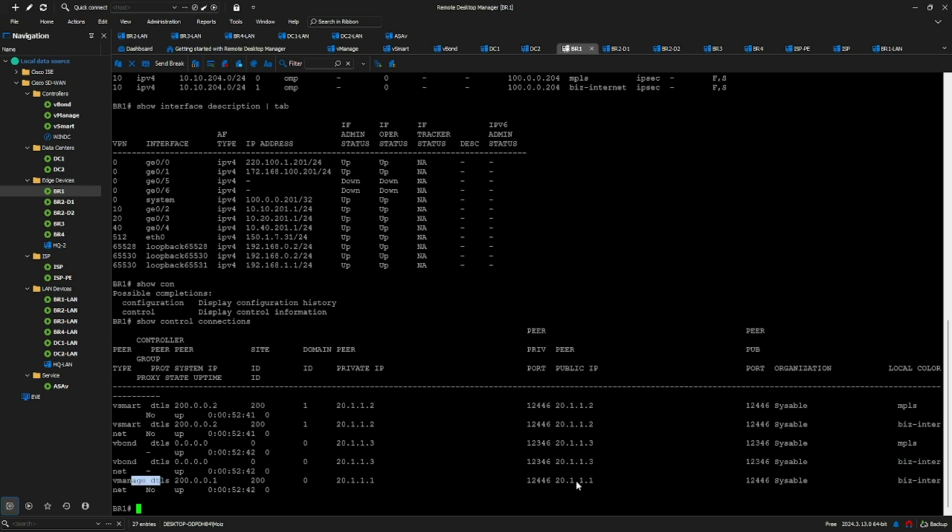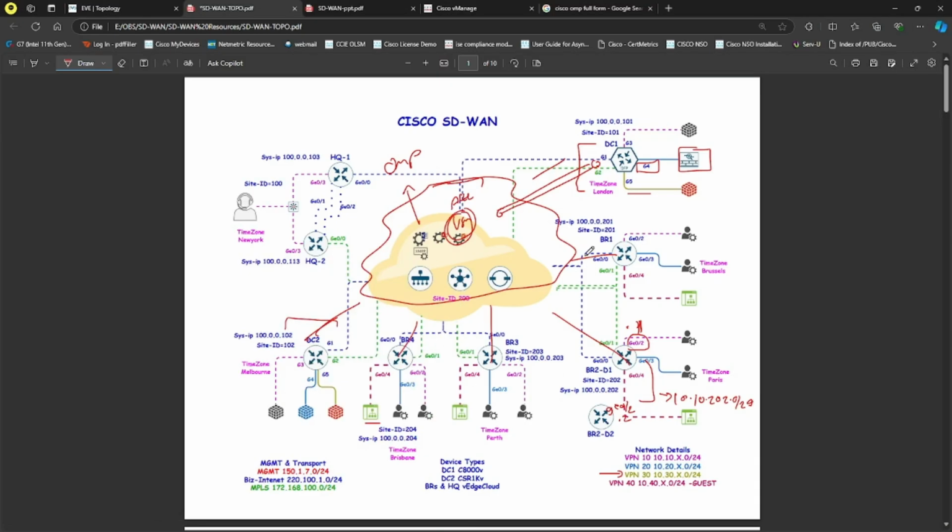But vManage, it's only connecting over the business internet. So it has some connection to all the controllers. The branch 1 is sharing the routes to the vSmart, and when they are inserted into the SD-WAN fabric, they are known as the OMP routes.